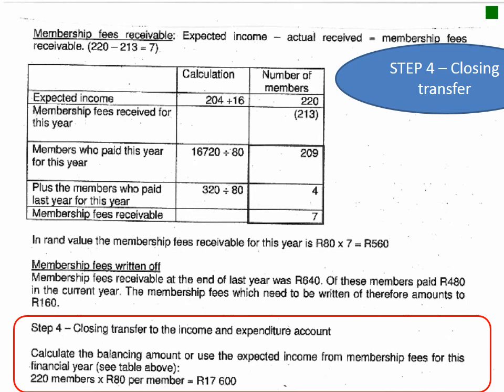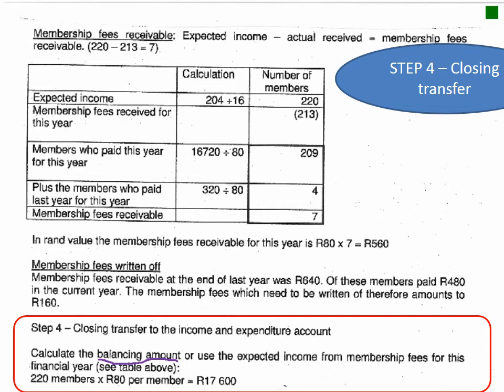The final step is to do the closing transfer to the income and expenditure account. Here we have to calculate the balancing amounts, and when I do other questions you'll see that that's a shortcut that we can take, or we can use the expected income from membership fees for the financial year.